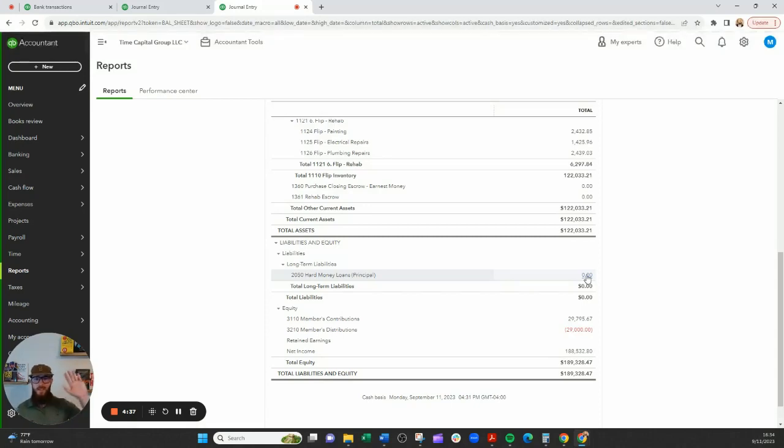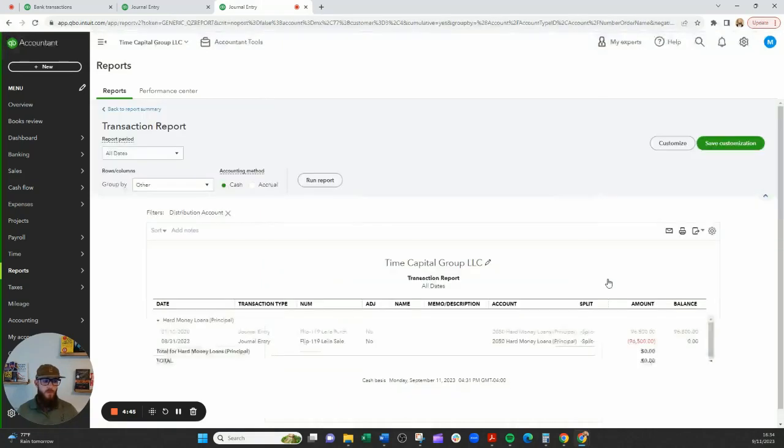It's just all paid at the sale of the property or the refinance of the property, which is how most hard money loans work. So what we would see prior to processing the sell journal entry is the balance of $96,500. It's very important for us to check that, because that's the number we need to zero out, right? And you also want to double check this figure with the actual payoff statement from the lender.